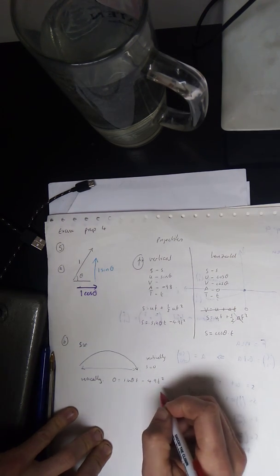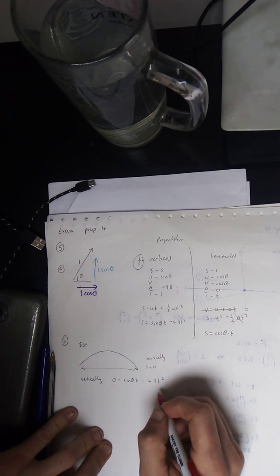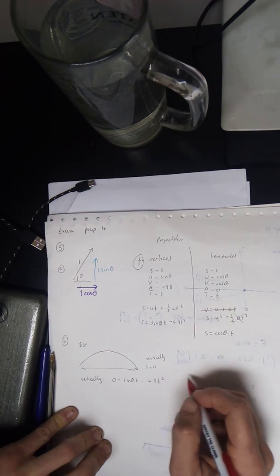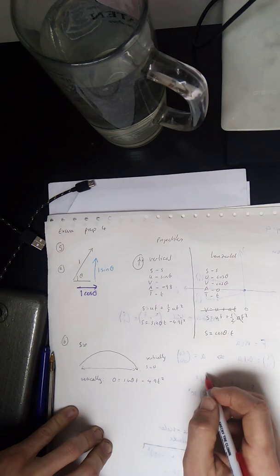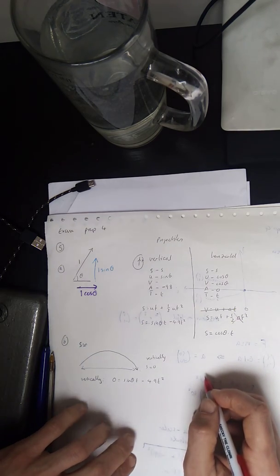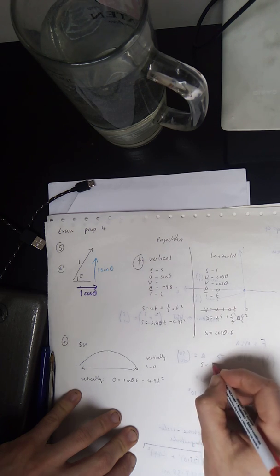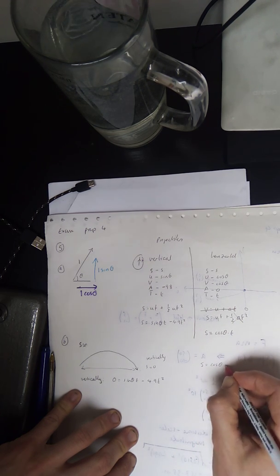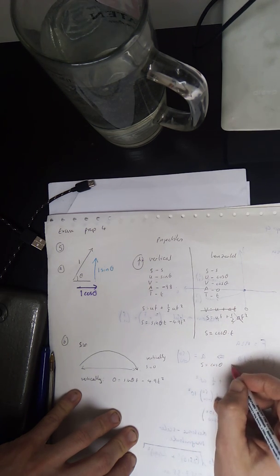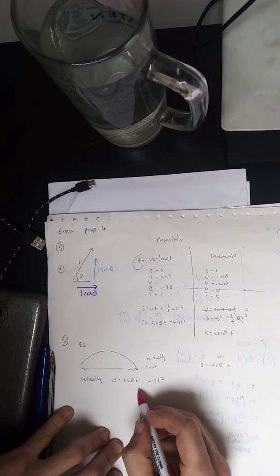It wants horizontally the distance travelled, S equals cos theta times t, so we want to get an expression for t.